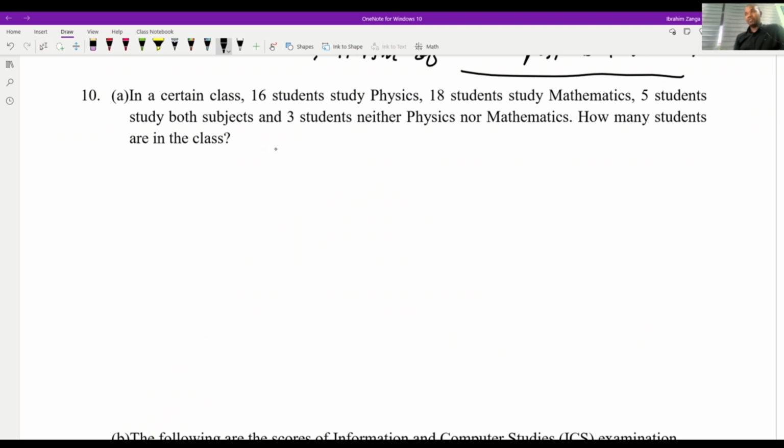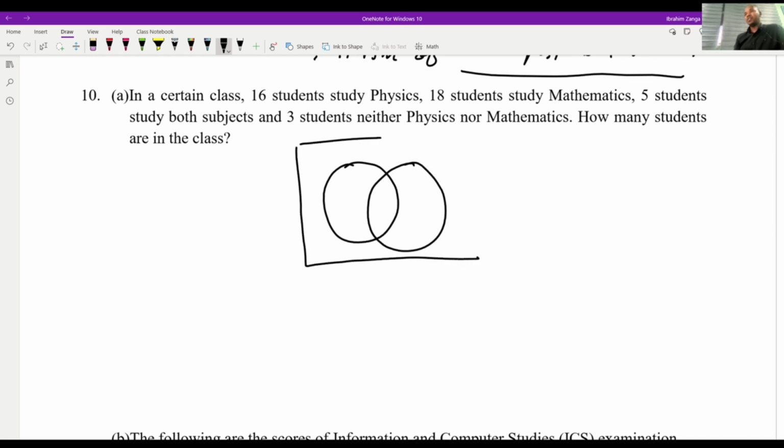We can use actually a Venn diagram to represent all this information. So you have students who study physics, students who study mathematics, and students who study neither of these subjects.